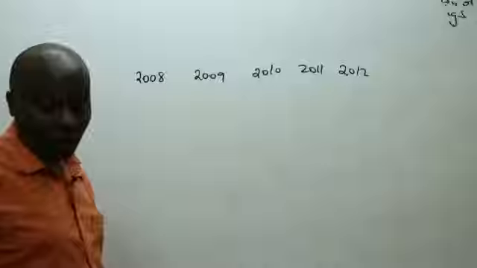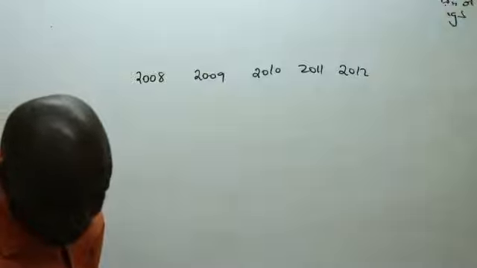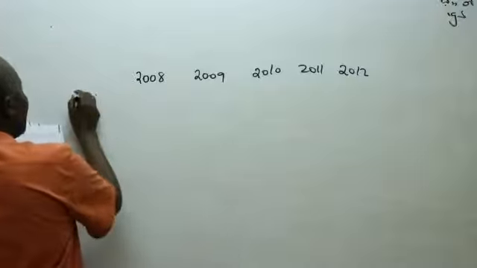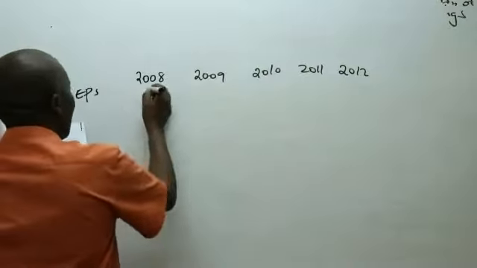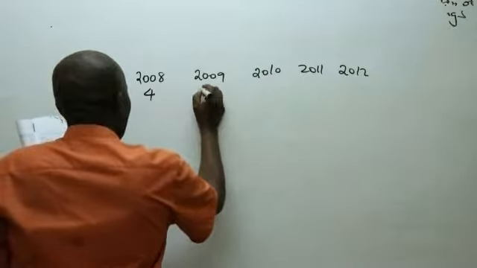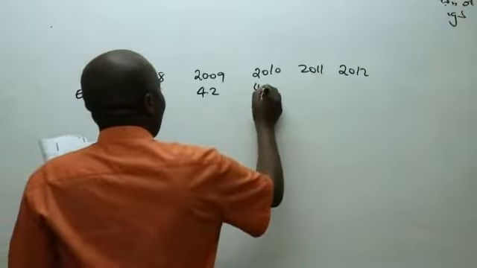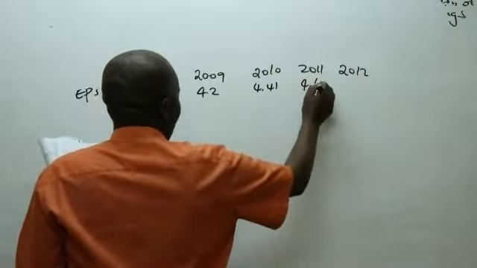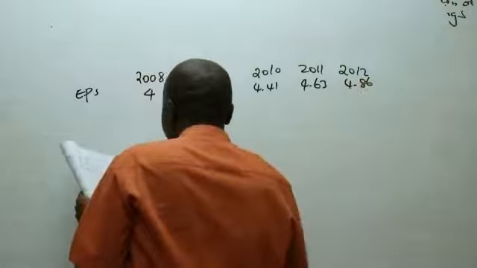And then they have given us the earnings per share, EPS. In 08 we have 4, in 09 we have 4.2, in 2010 we have 4.41, in 2011 we have 4.63, and in 2012 we have 4.86.